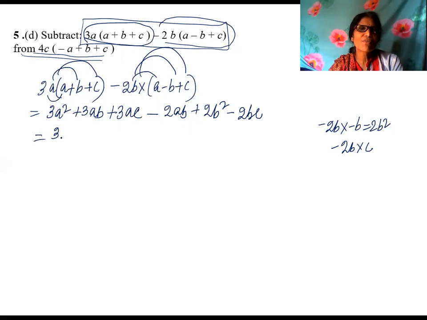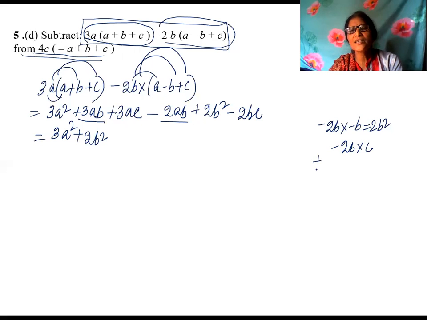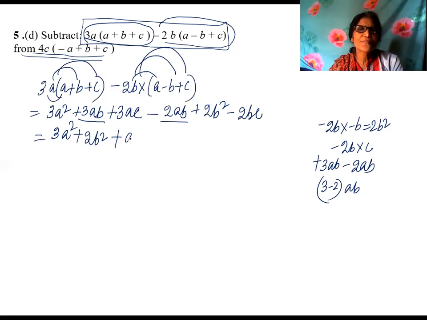So 3a square plus 2b square, then 3ab minus 2ab. This gives you 3 minus 2, only 1ab. Then others are not similar, so let this be as it is.